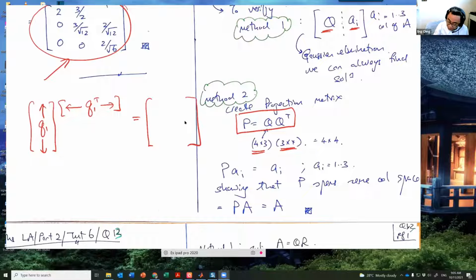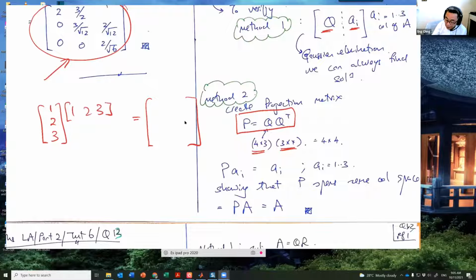Let's try a very simple example. 1, 2, 3 times 1, 2, 3. Try it by yourself. The first column is 1, 2, 3. The second one is nothing but the second entry multiplied by this column vector, so this is 2, 4, 6. The third is the third entry multiplied by the column: 3, 6, 9.